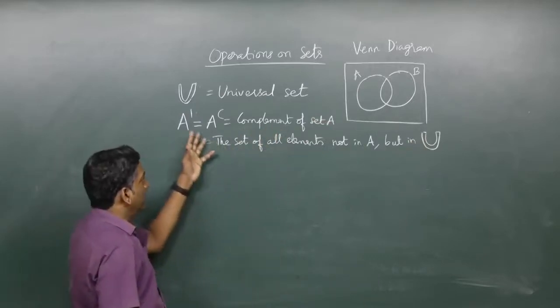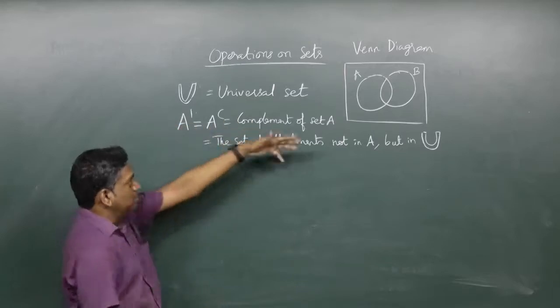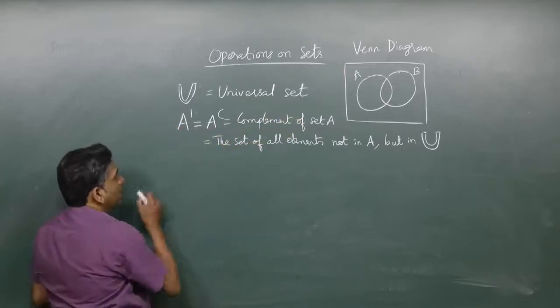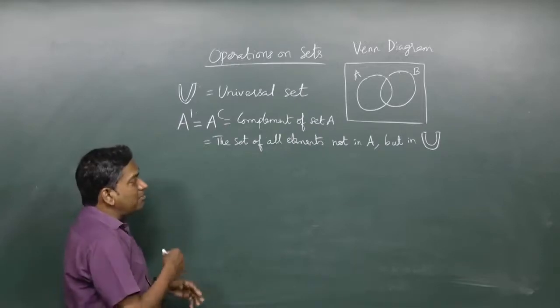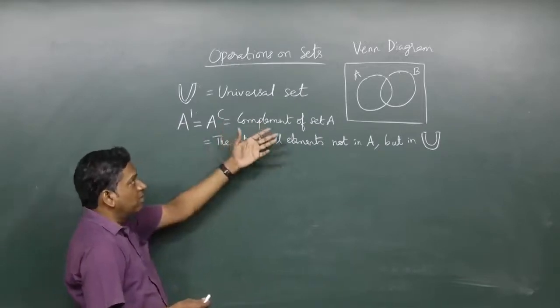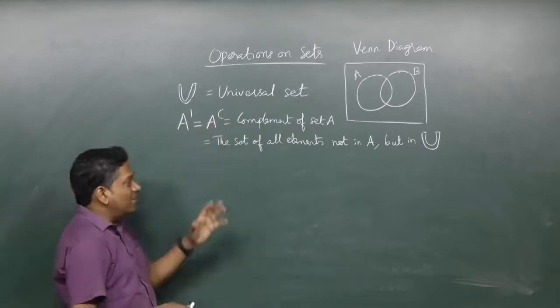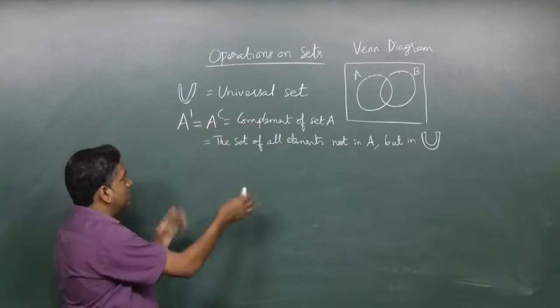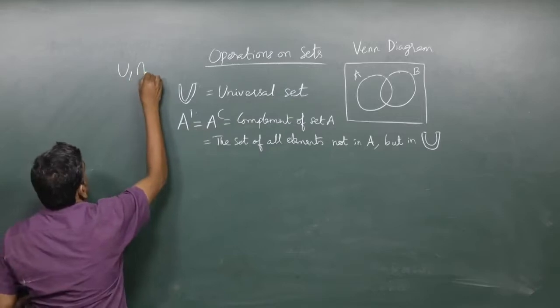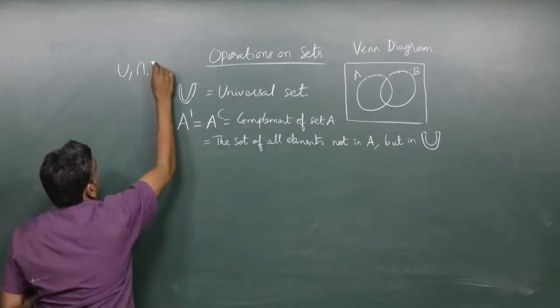Okay, now similarly we can define B complement also. Now let's understand some operations. Now we know union, we know intersection, and we know complement. So let's write some properties of these basic operators: union, intersection and complement.